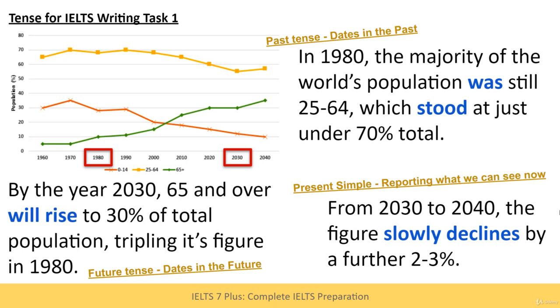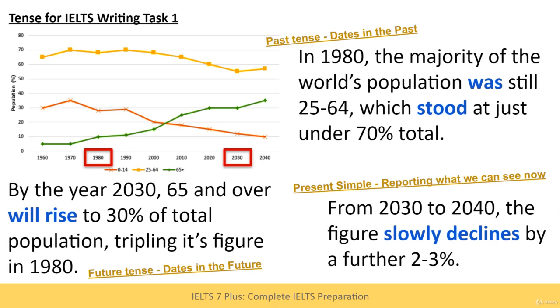Let's say in 2020, 0 to 14 decreases slightly. So I'm just reporting what I can see now, and I use the present simple to do this. But in future dates, we can use present simple too. So just within these examples, we have 3 different tense types.